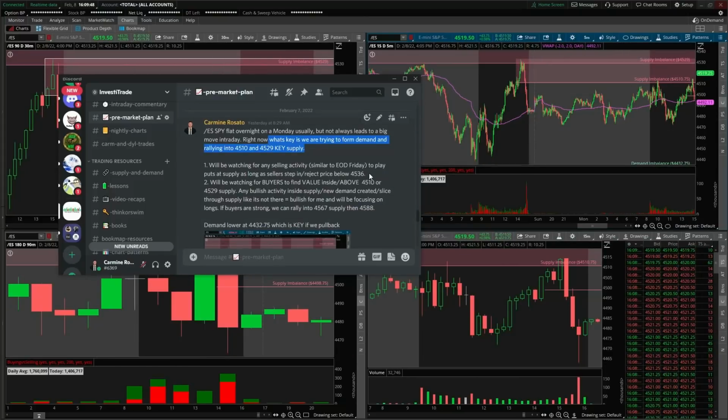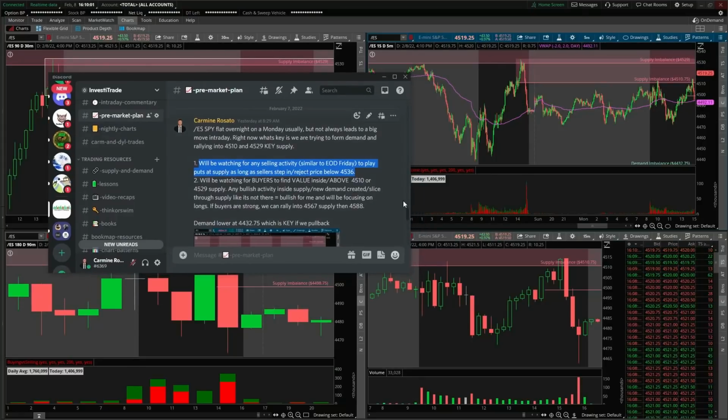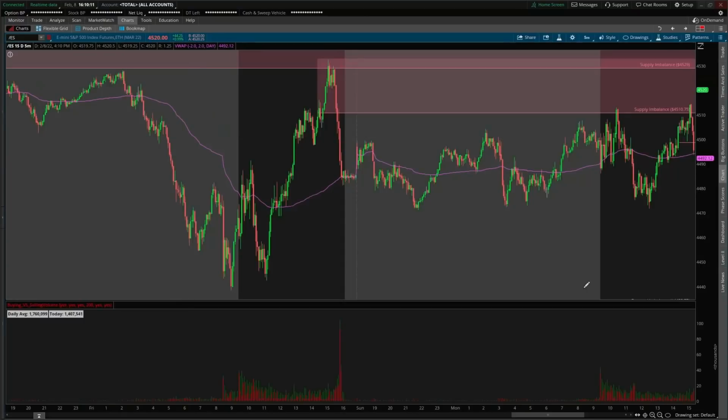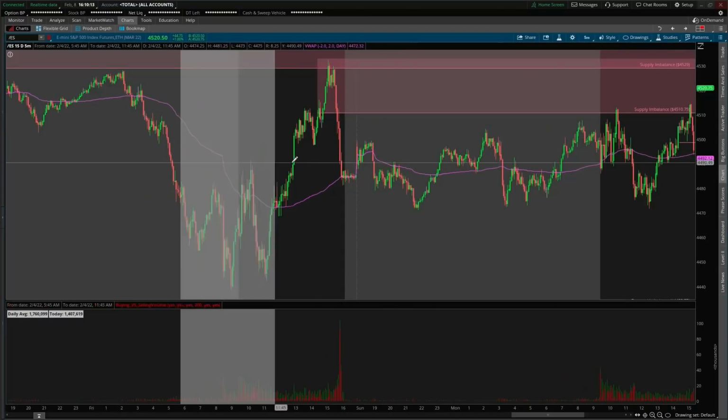The first scenario was I was watching for any selling activity similar to end of day on Friday, where sellers step in, and I'm looking to play puts if price could reject below supply and the key level at 45.36. And we also had a bullish scenario if we found buyers accepting value inside of supply and we had demand below. So essentially, I wanted to see any type of selling activity similar to Friday, which we see right here.